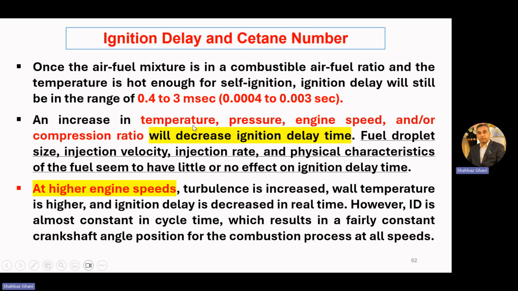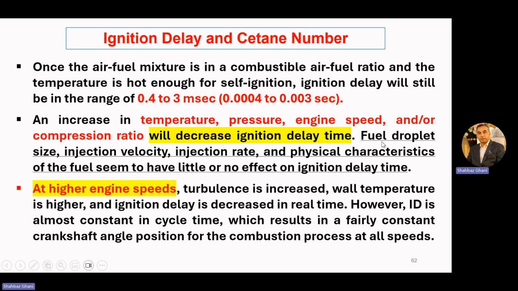An increase in temperature, pressure, engine speed, and/or compression ratio will decrease the ignition delay time. So if we increase the temperature, pressure, engine speed, or the compression ratio, it will decrease the ignition delay time. Fuel droplet size, injection velocity, injection rate, and physical characteristics of the fuel seem to have little or no effect on ignition delay time.